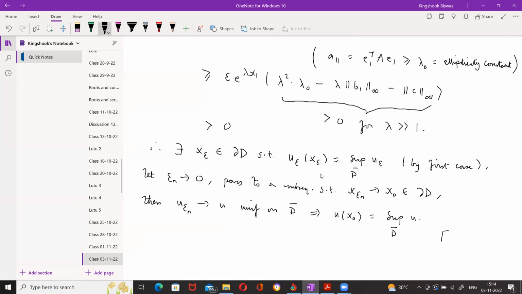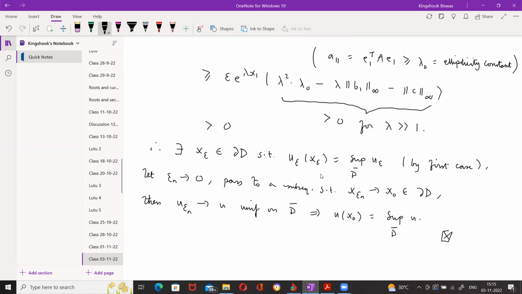Okay, is this clear? So take the points where the U epsilons attain their maximum. We can assume those are in the boundary. Now you let epsilon n be a sequence converging to 0. Then you look at the x epsilon n's, those are in the boundary, which is a closed bounded set, a compact.